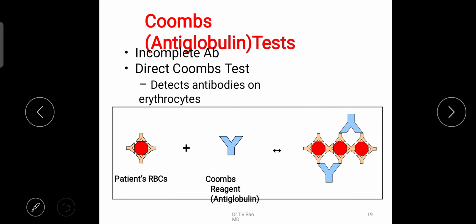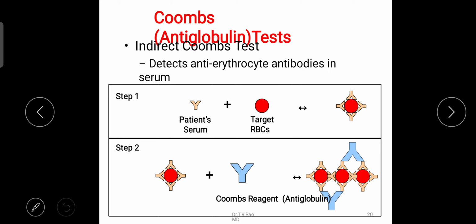The direct Coombs test detects antibody on the erythrocyte, and the indirect Coombs test detects anti-erythrocyte antibodies in the serum. So that is the difference between the direct and indirect Coombs tests.